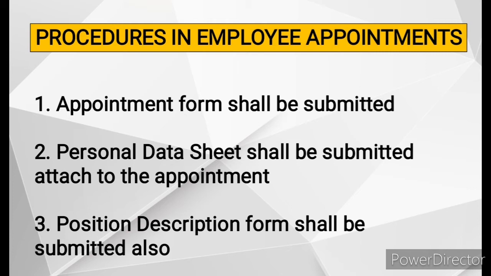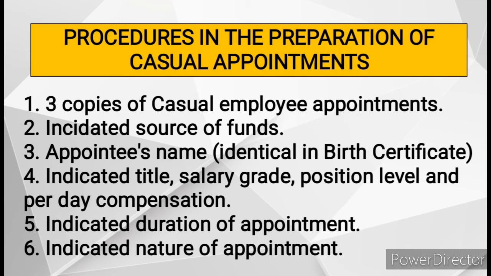The second one is the PDS, or the Personal Data Sheet, or the CS Form number 212, revised 2017, which should also be submitted by the appointee attached to the appointment. And the third one, the Position Description Form, or the DBM-CSC Form number 1, revised 2017, is also needed and attached to all appointments for authorized positions. Section 8.